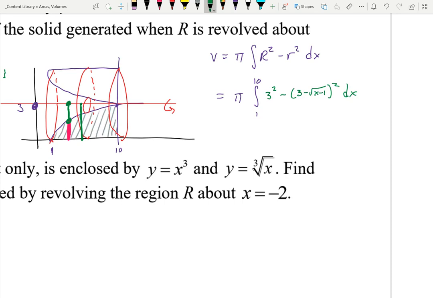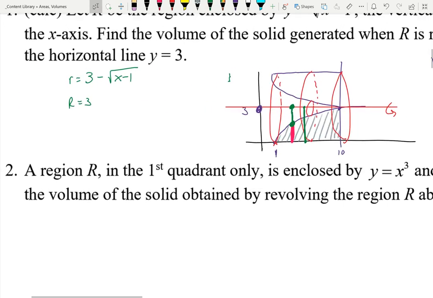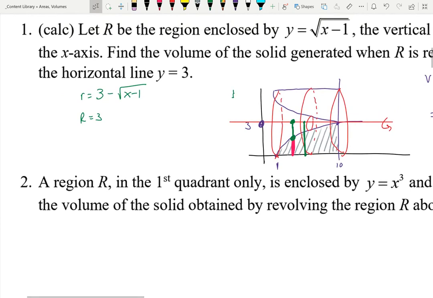But before I do that, I just want to come back over here and point out something. It turns out, if you look at these values, that my inner radius is simply given by my axis of rotation, which is 3, minus the function, radical x minus 1.